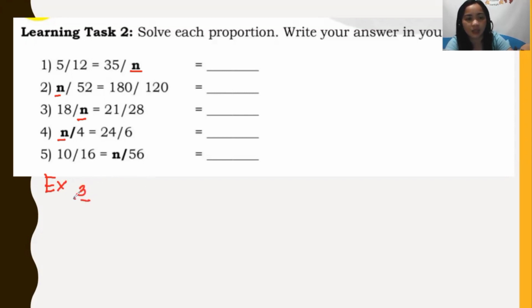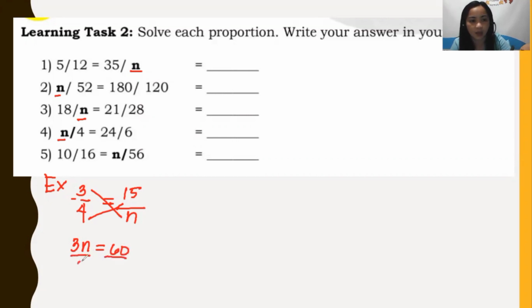So let's have 3:4 equals 15:n. So yeah. So first is cross product. We have 3 times n is 3n. And we have 15 times 4 is 60.